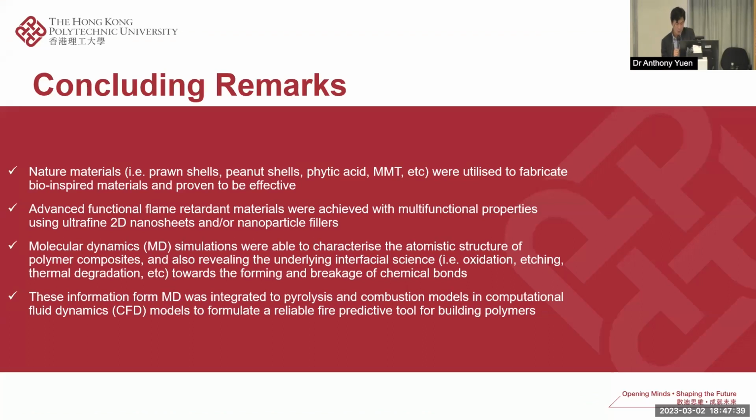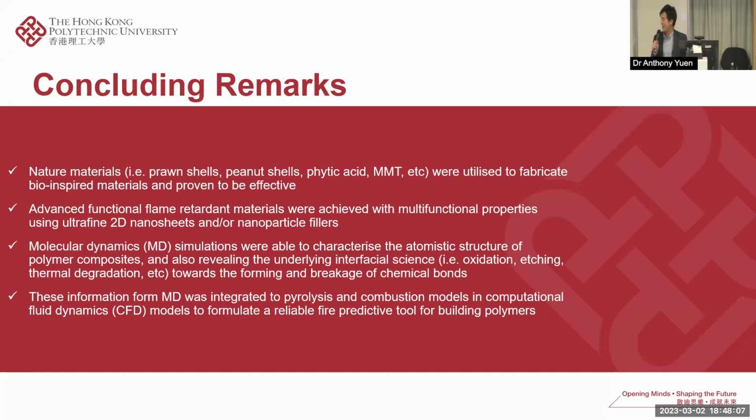So in concluding remarks, we have derived natural materials, and we try to incorporate them into a flame retardant. So what we do is not only study flame retardants, we try to extract bio-inspired materials such as peanut shell, prawn shell, phytic acid, which is commonly extracted in your daily life, to convert into flame retardant.